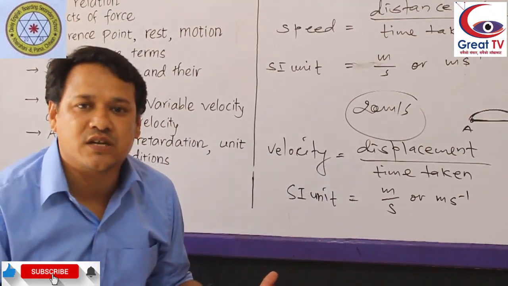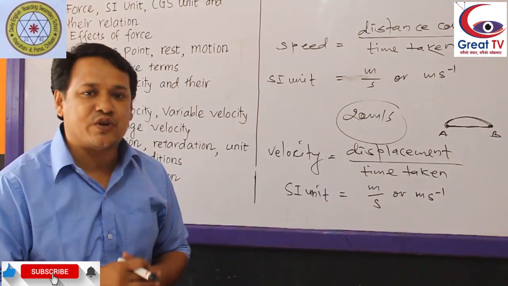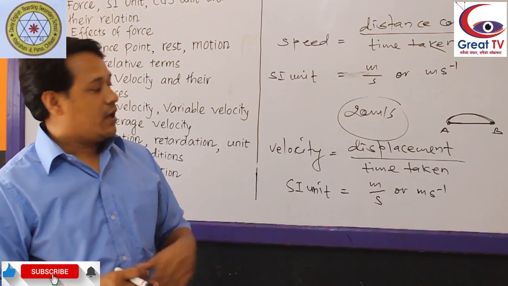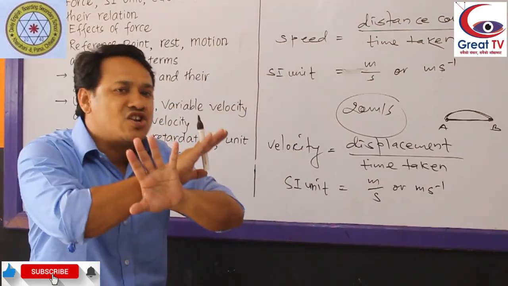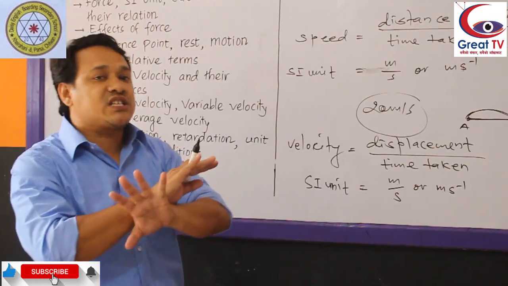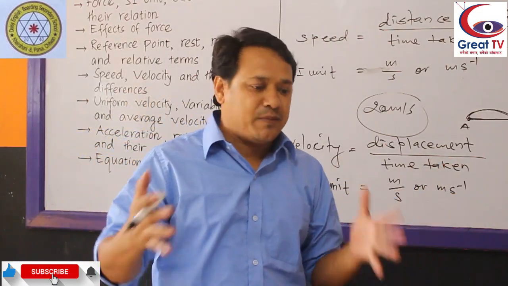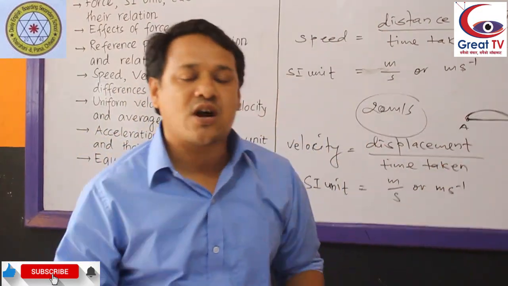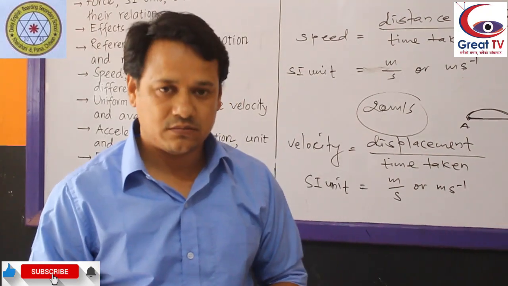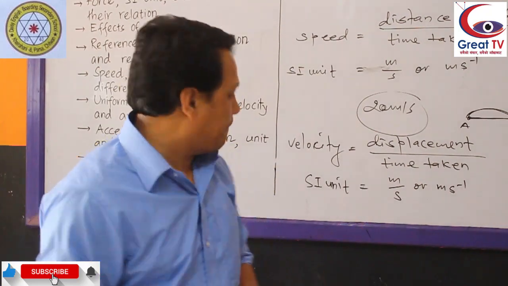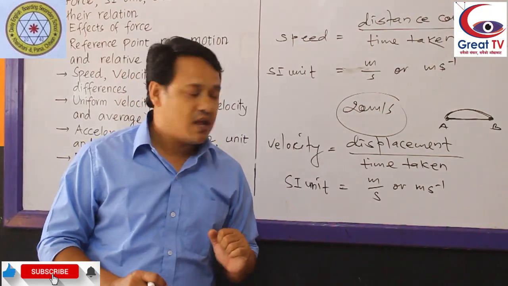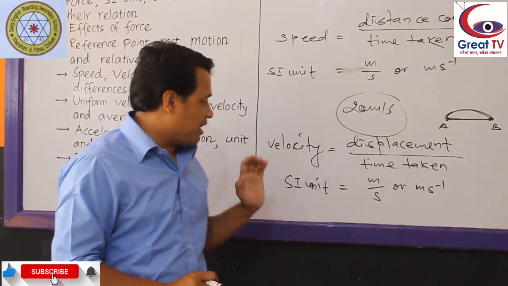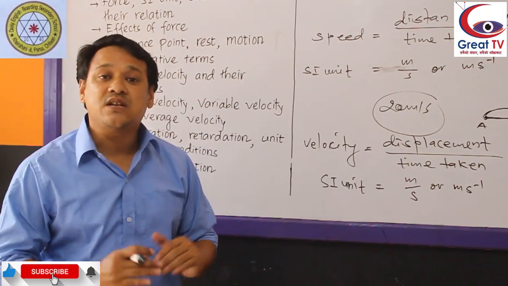Then what is the difference between speed and velocity? We have already discussed that for speed, direction is not compulsory, not necessary. The path may be straight, zigzag, any path, but it can travel. That is speed. But for velocity, a particular direction is necessary.